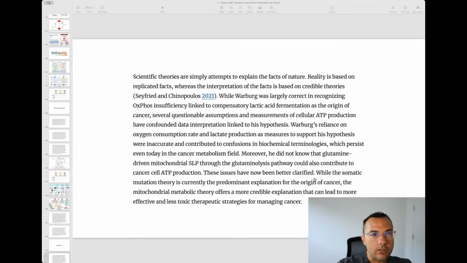Let's see here. Got some comments here. What is the contribution of acetate, as it is found elevated in several cancers, particularly in oral cancers? I hope you cover this in the future. Actually, I've covered it in the past, my friend. I have had a couple of videos on do cancer cells use ketones for fuel, and I cover it in 2 videos.